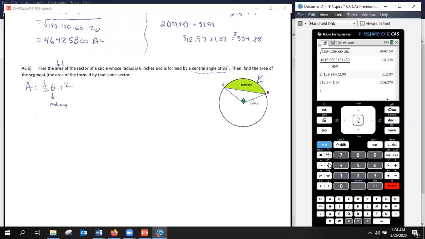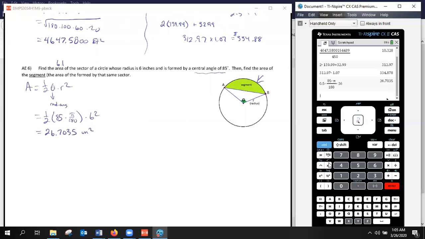So that area is going to be 1/2 times theta in radians, which is 85 degrees times pi over 180, and then times the radius squared, so times 6 squared. Let's throw this into the calculator: 0.5 times parentheses 85 times pi divided by 180, close off our parentheses and then multiply that by 6 squared, which is 36. And I get the area of this sector is 26.7035 square units.